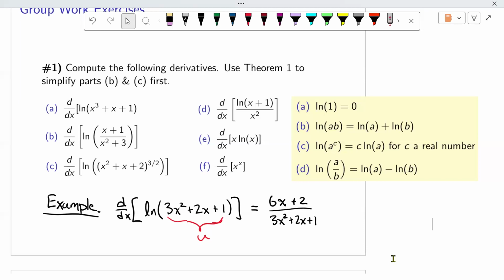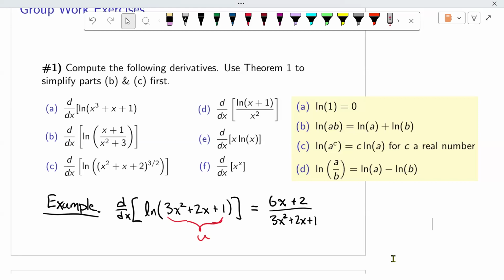Well, let's see how's it going, April? The problem is I'm terrible at reading people's work upside down, but I'll try to figure it out. I think you did it right. Good job. You'd think I'd be good at that, but I'm not. Oh yeah, isn't that beautiful? That's it.